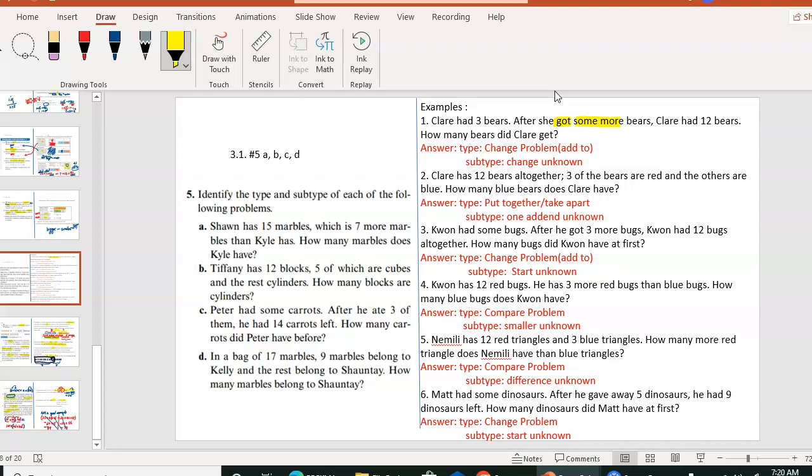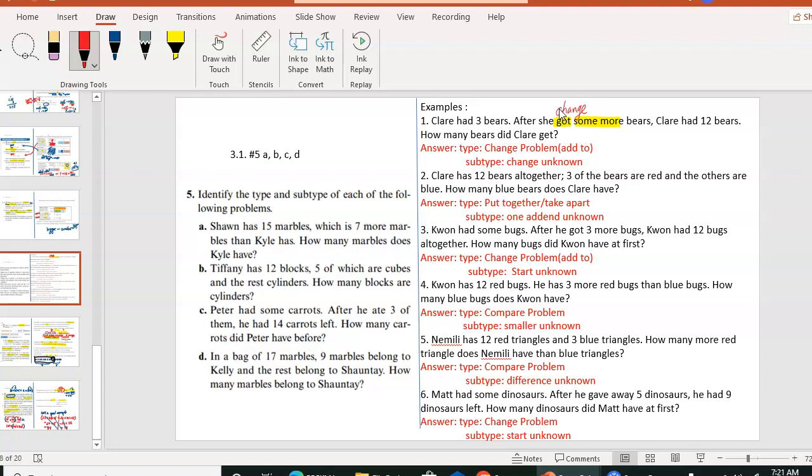Okay, so let's see here. Whenever we see the word got, that means there is a change. So this is a change problem. To be more specific, if you got more, which means you add some more to what you have, we can also say it's an add to problem.